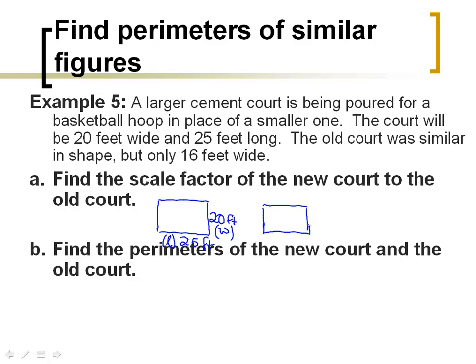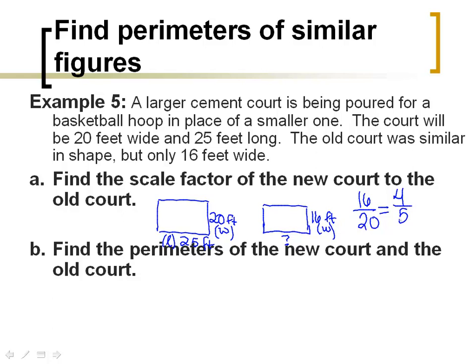It says the old court was similar in shape, but only 16 feet wide. So 16 feet, and that's my width. Okay. And I'm going to find this one. So let's write a scale factor. I can see that 16 corresponds with 20. So 16 out of 20, well 4 goes into both of them. 16 divided by 4 is 4. 20 divided by 4 is 5.